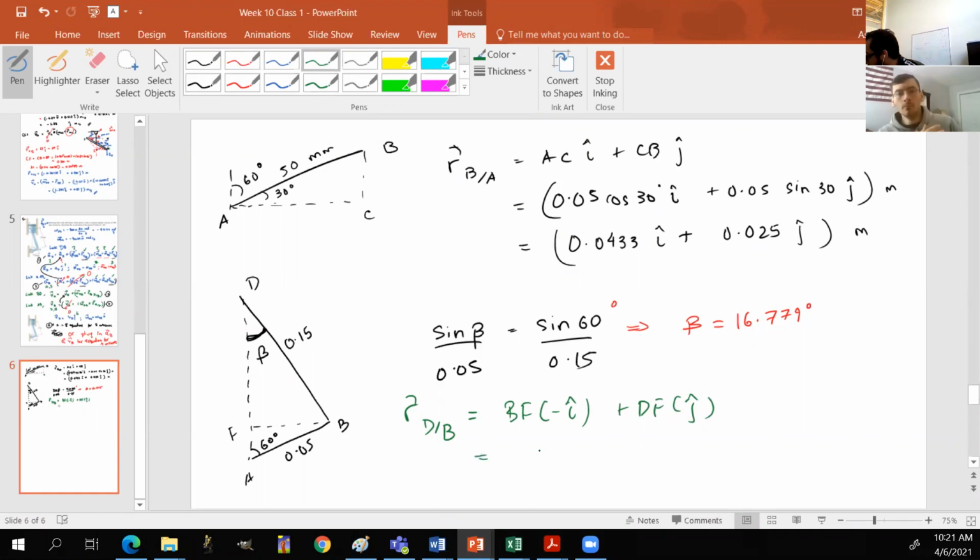Right, BF is just equal to 0.05 sine 60, that's in the negative I hat, plus DF, which is equal to 0.15 times cosine of 16.779 J hat.